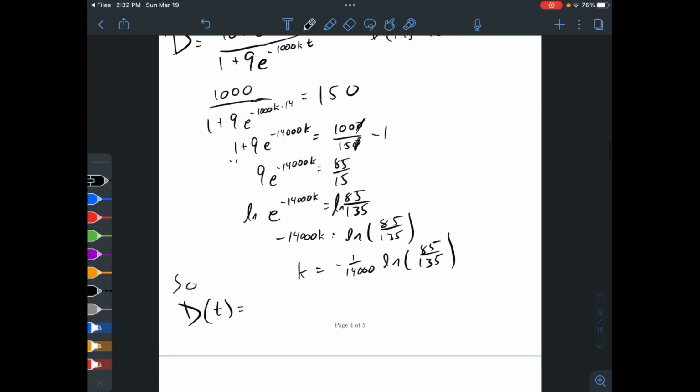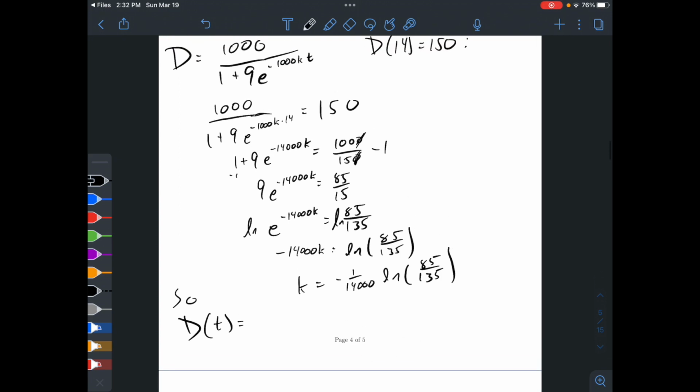And so D of t is going to be 1,000 over 1 plus 9e to the negative 1,000 times k, which is 1 over negative 14,000 ln of 85 over 135, times t.